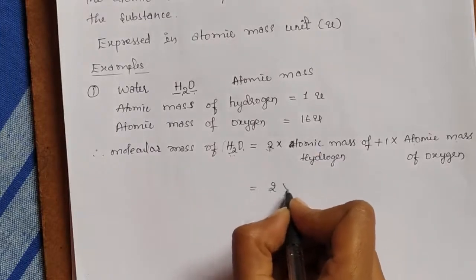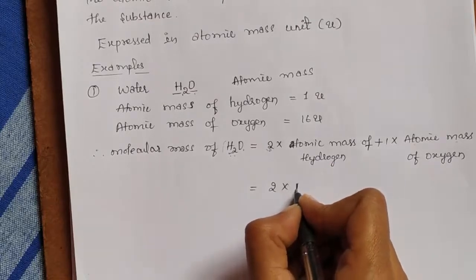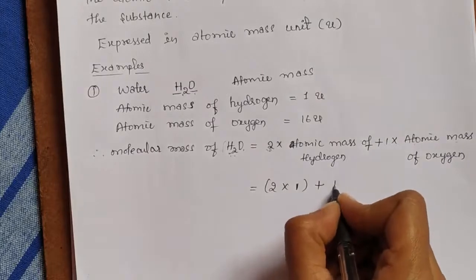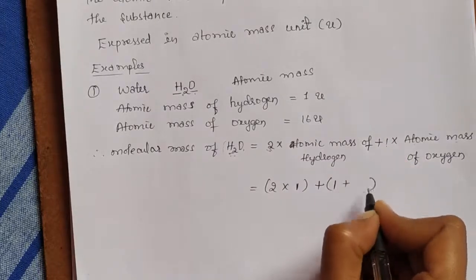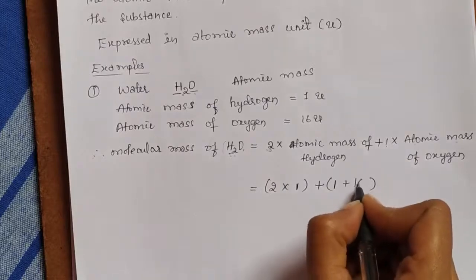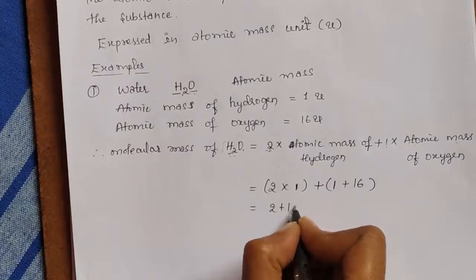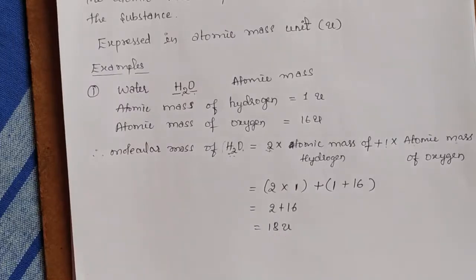See here, 2 into atomic mass of hydrogen, which is 1, plus number of oxygen atom 1, whereas its atomic mass is 16. So 2 plus 16 is equals to 18 atomic mass unit. This is the molecular mass of water.